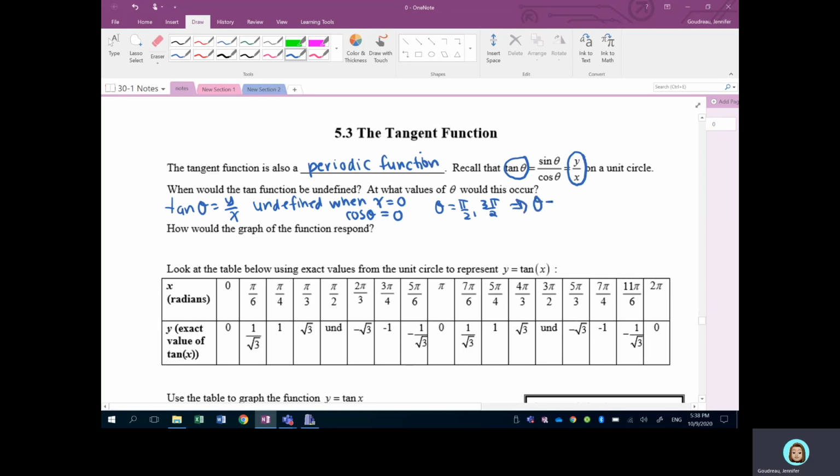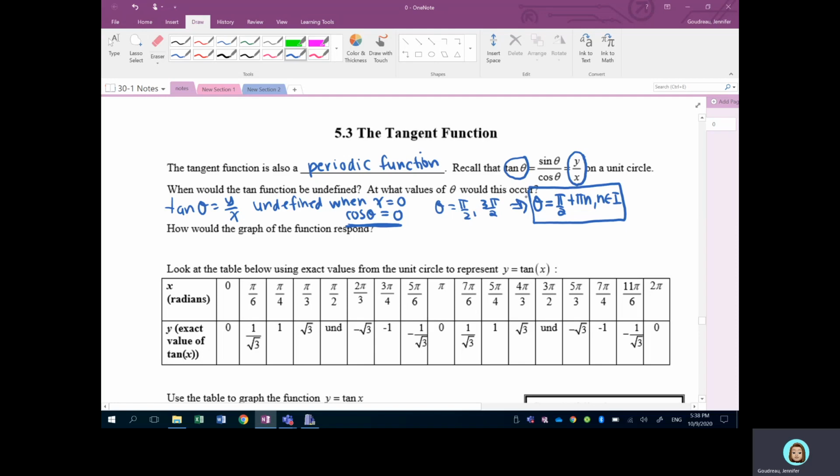The general statement is theta equals pi over 2 plus pi n, where n is any integer. You'll remember that this was actually our x-intercepts for cosine, and that makes sense because this is going to be undefined where cosine is equal to 0.